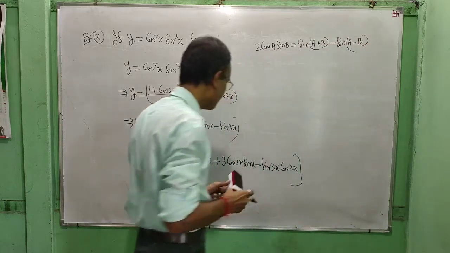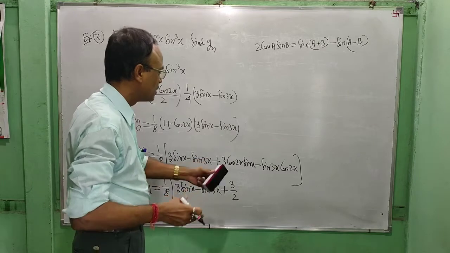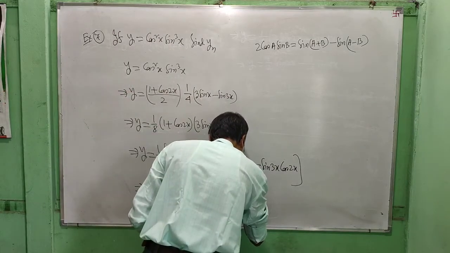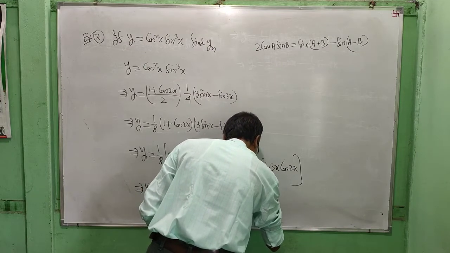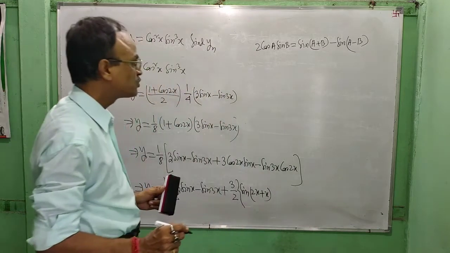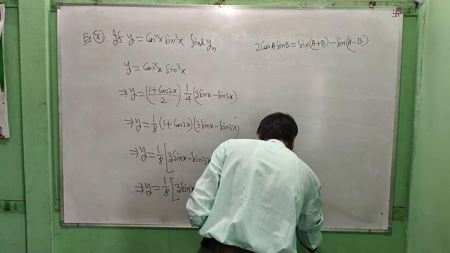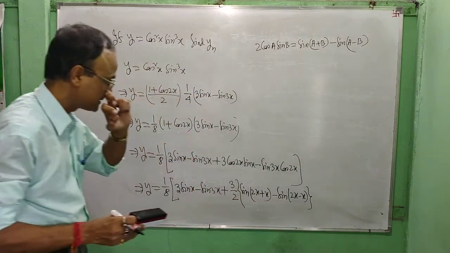So 3 by 2, 2 cos 2x sin x is sin(2x plus x) minus sin(2x minus x).